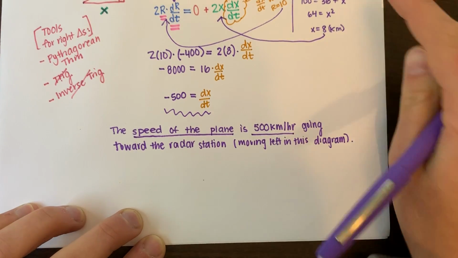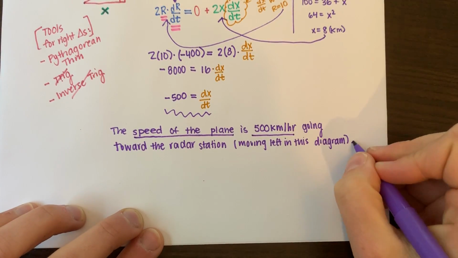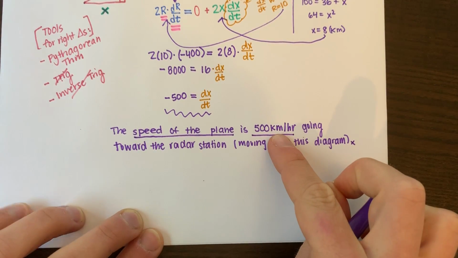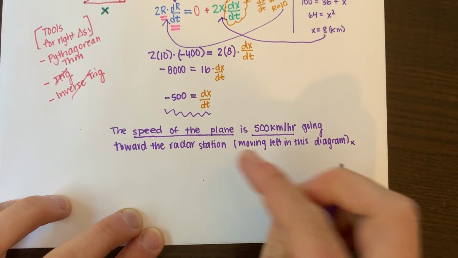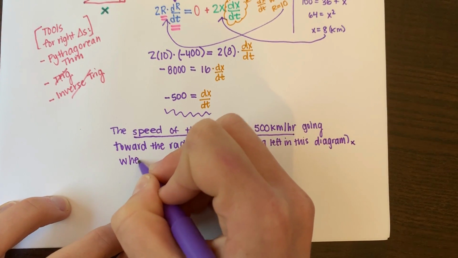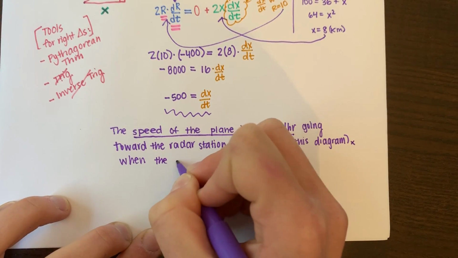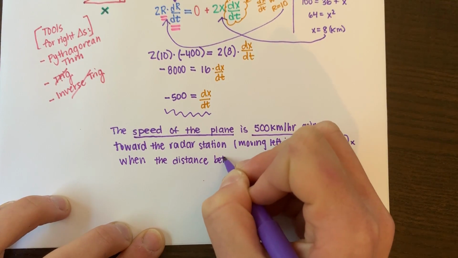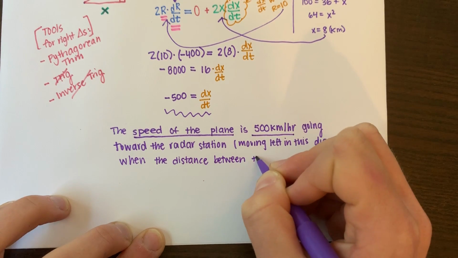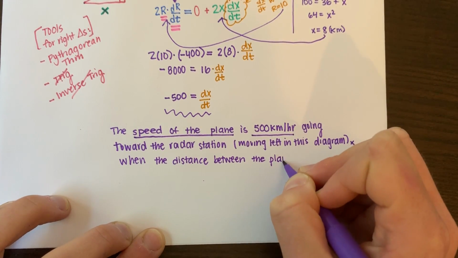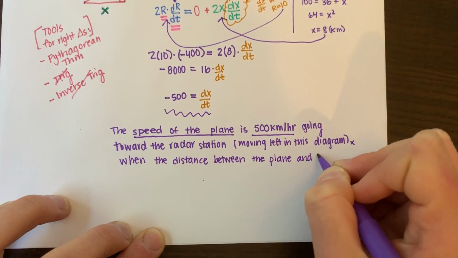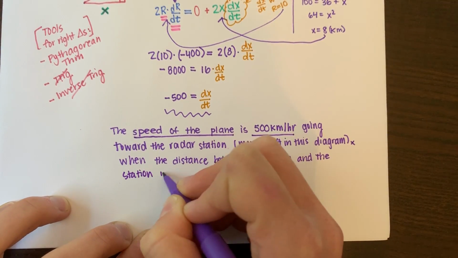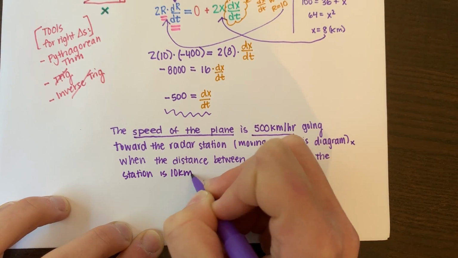We should add on that, what is the speed of the plane? Is it always 500 kilometers per hour? No, the speed of the plane is 500 kilometers per hour going toward the radar station when the distance between the plane and the station is 10 kilometers.